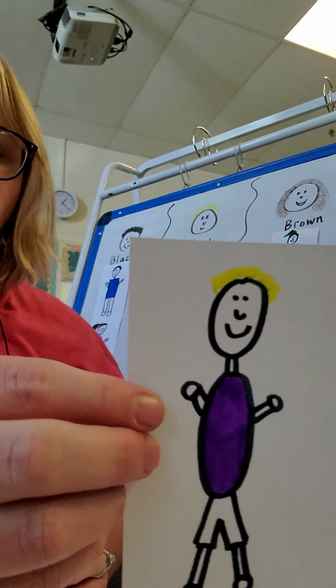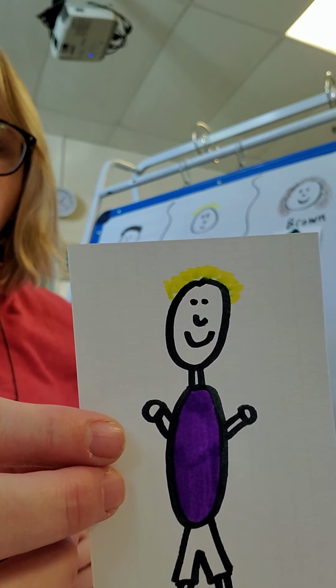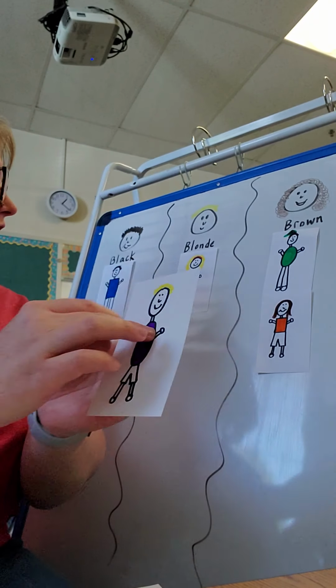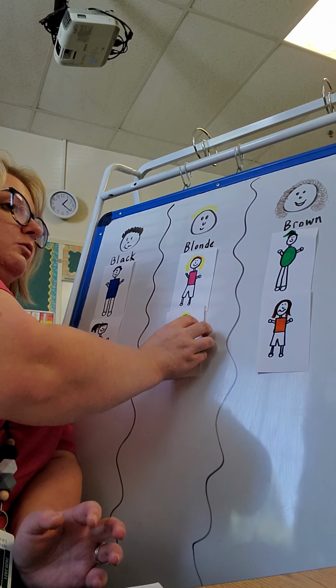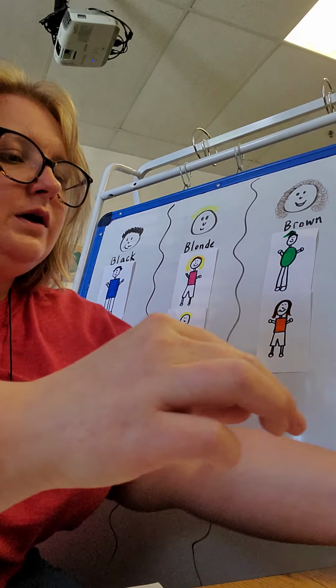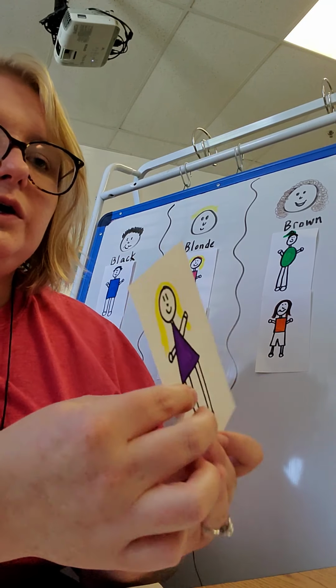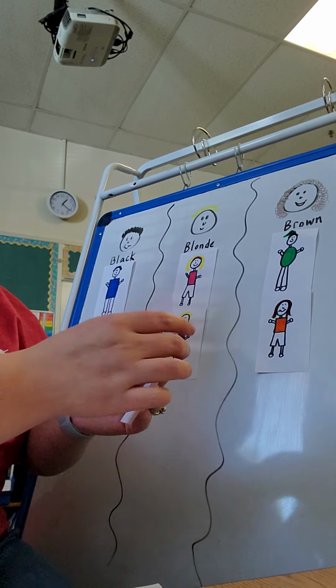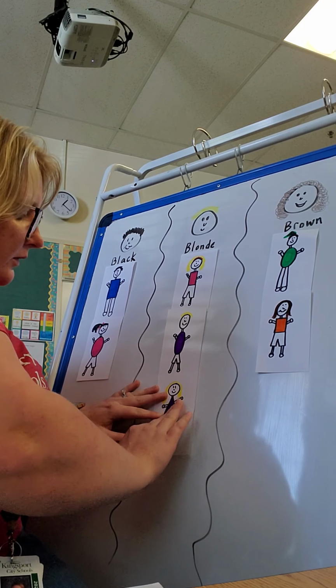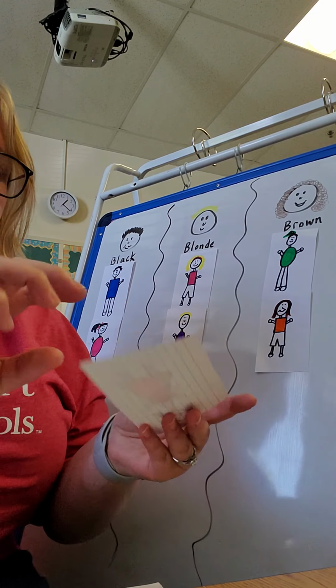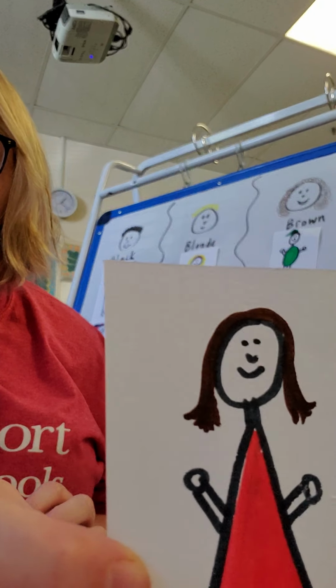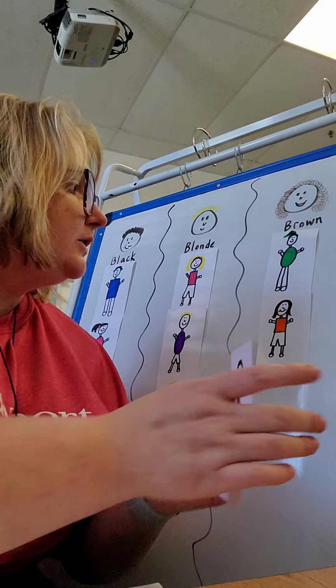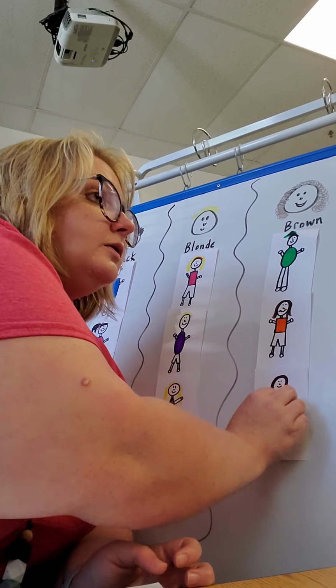The next one is blonde, so we're going to move him right there. And then the next one, another girl with blonde hair. Let's move her right here. All right, let's see what's next. Brown hair, so let's put her right there.